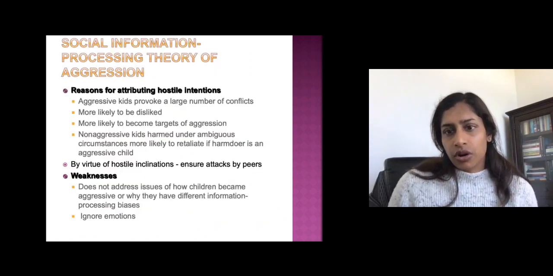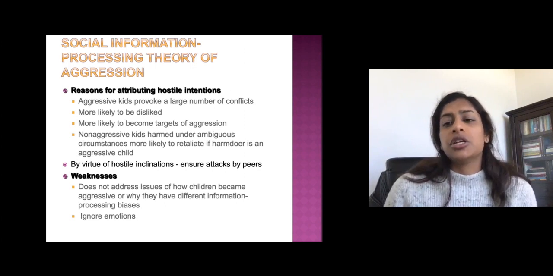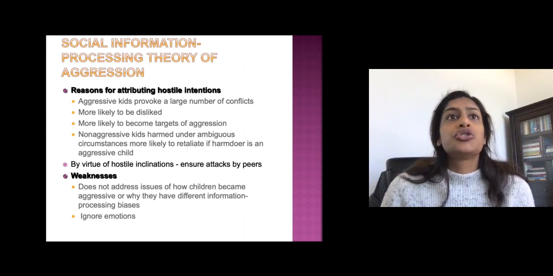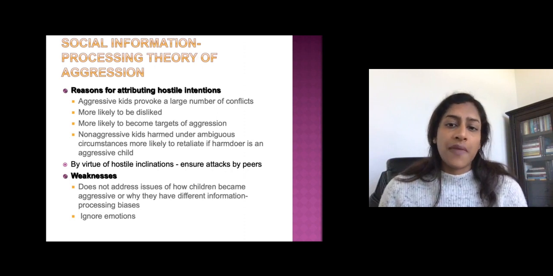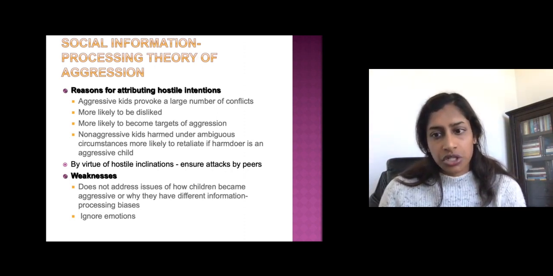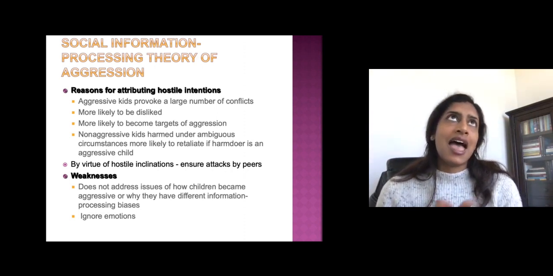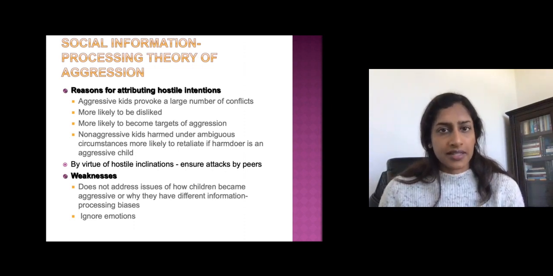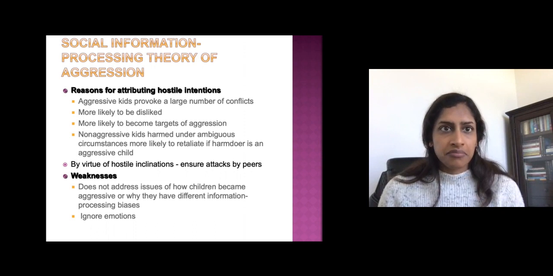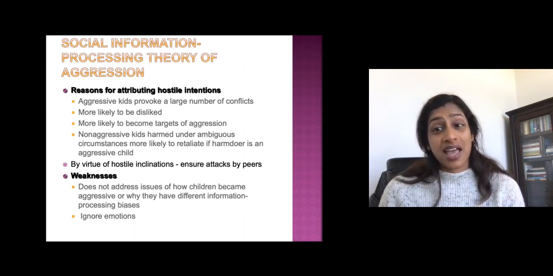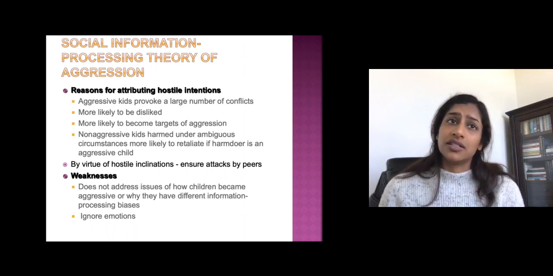So like Bandura, our social information processing theorists stress that children's behavior in response to provocation and other harm doing depends more on that cognitive interpretation of the situation than the actual amount of harm that's being done to them. So the question becomes, what causes that attribution of hostile intention?